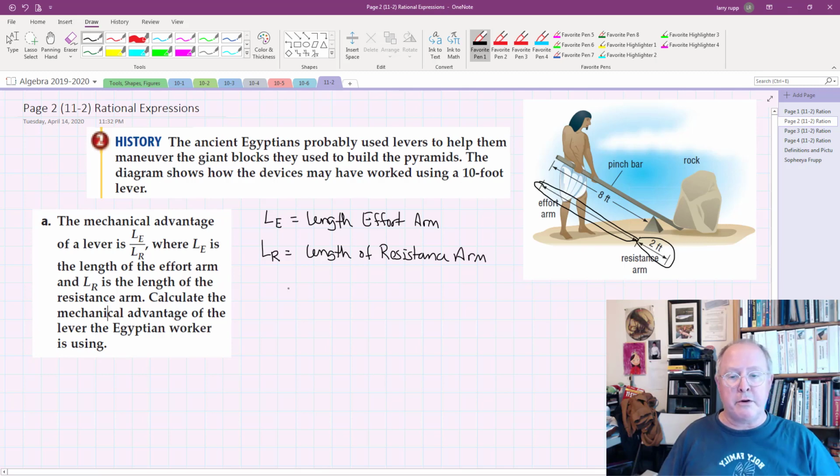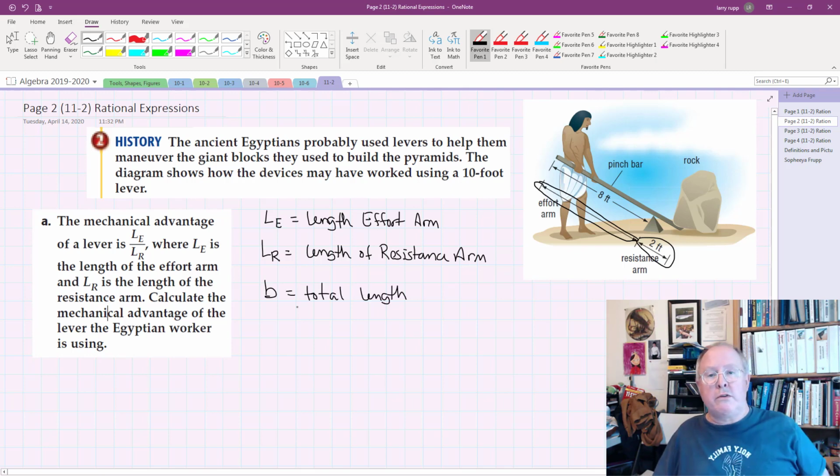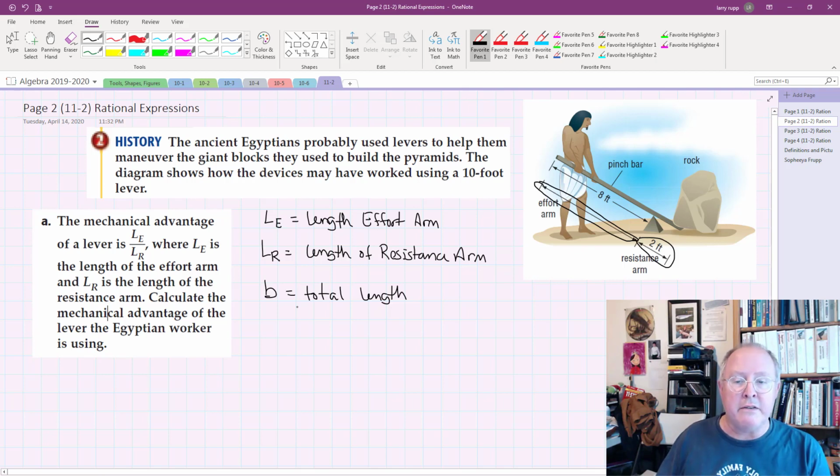Now for the purposes of this problem, we're going to let lowercase b be the total length of the bar. So the words here say, the mechanical advantage of a lever is LE over LR, where LE is the length of the effort arm and LR is the length of the resistance arm.